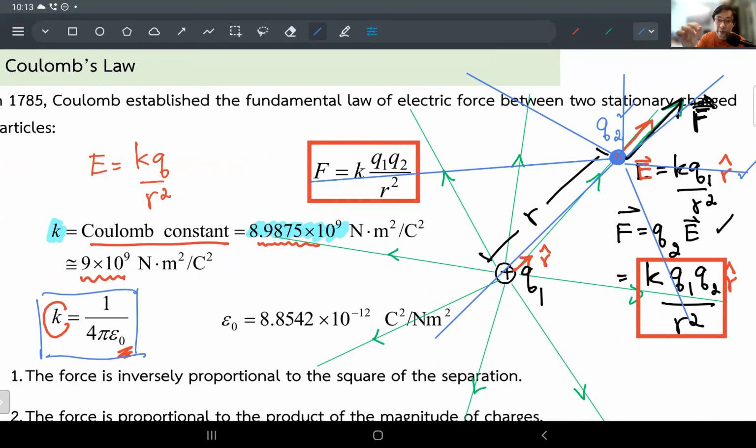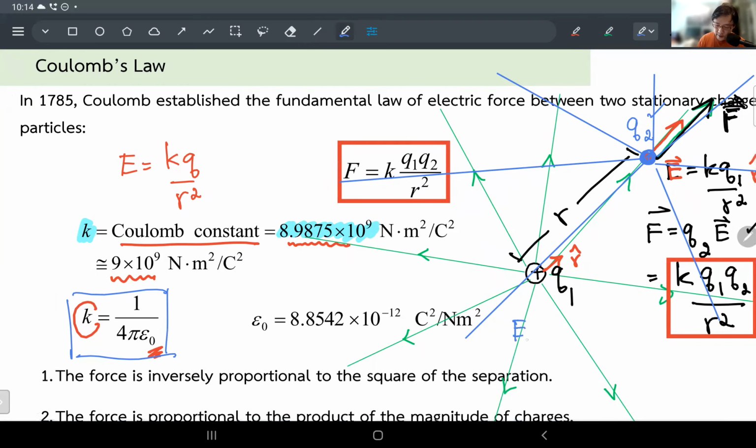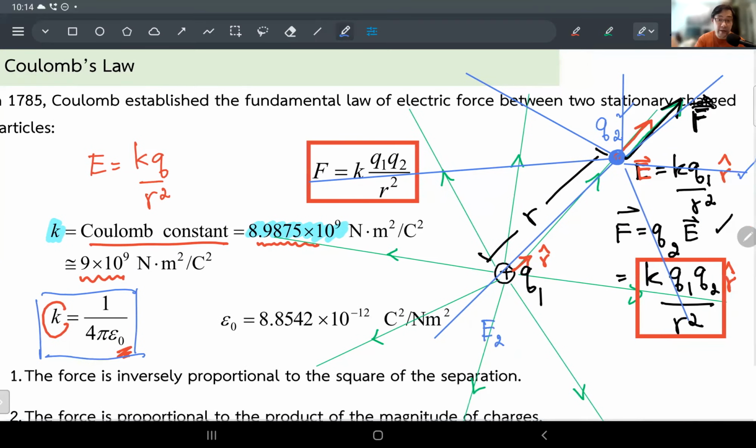So that means we should be able to calculate what force is acting on Q1 based on the fields generated by Q2 as well, right? Let's try that, shall we? Okay, let's stick with the blue, guys. Look at this. The Q2 now being the source of the fields at the position of Q1. How big is the field? So let me call this E sub 2, just to distinguish from the E that we already had.